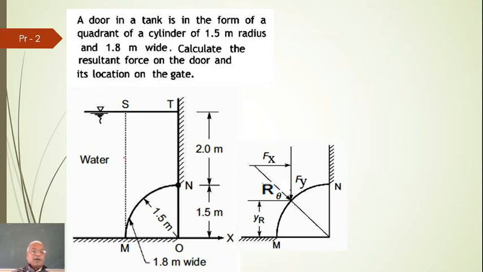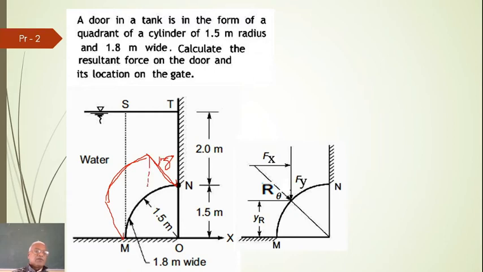Now I'll try to draw on this side so that it will be easier for you to understand. That is the curved surface. The length for which it is there is 1.8 meters. So this is the curved surface.